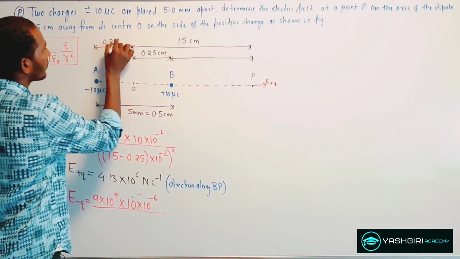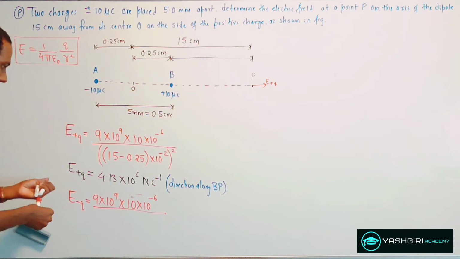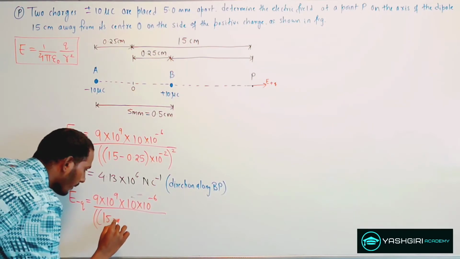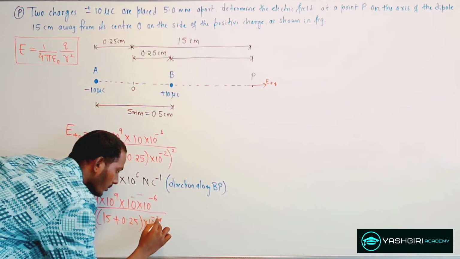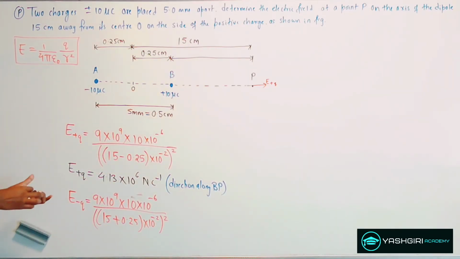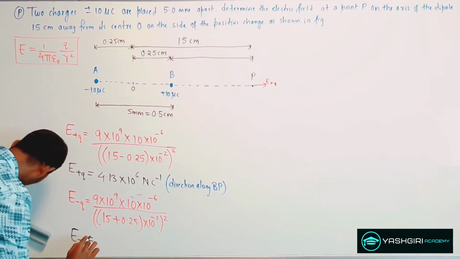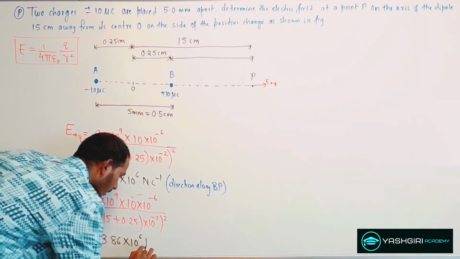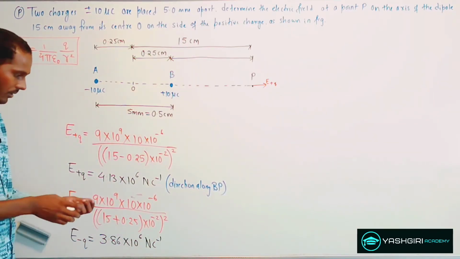That will give me the overall distance. So here what I do is 15 plus 0.25, into 10 to the power minus 2, into the square. All right, so that is what. Now if you solve this again, you will get the electric field due to the negative Q equal to 3.86 into 10 to the power 6 Newton Coulomb inverse. It's very easy, you just multiply and divide and you will get it.